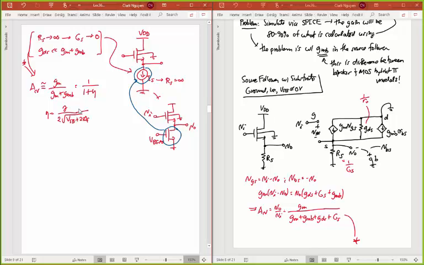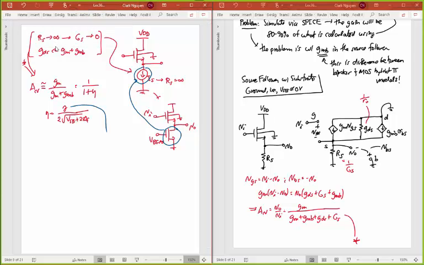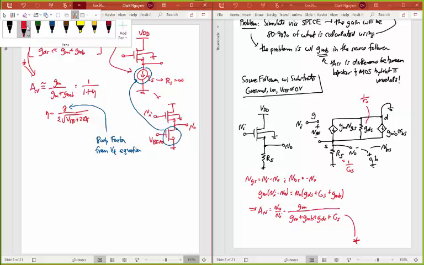Right? So let me just label this thing here as the body factor. From the threshold voltage equation that we've been using before. And so in the end, this is what the gain really is.